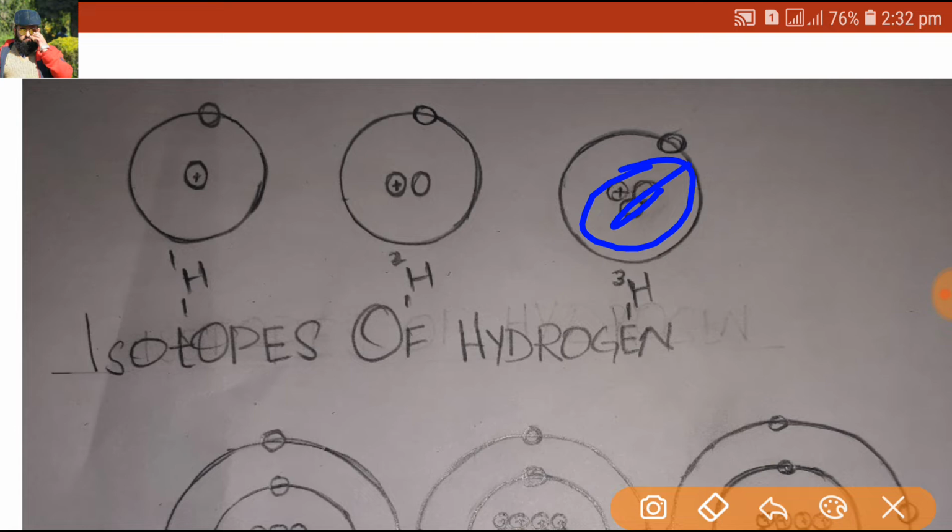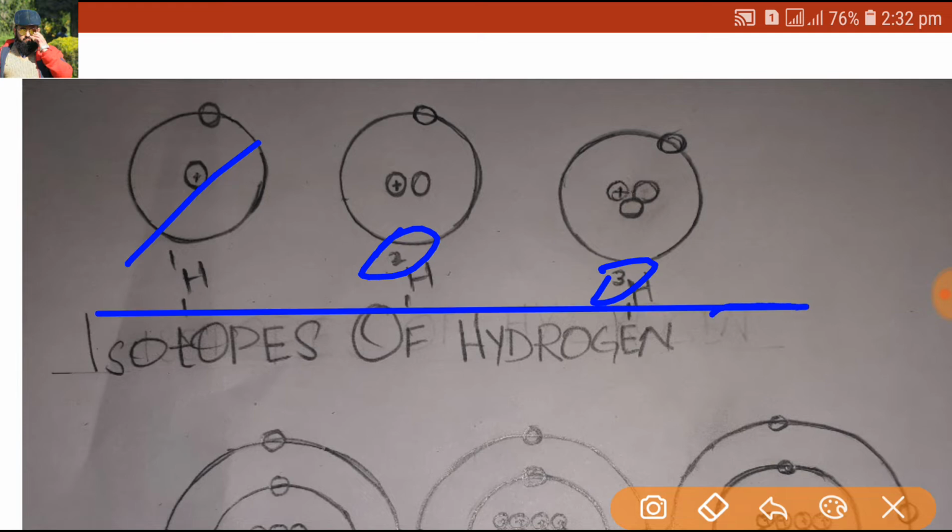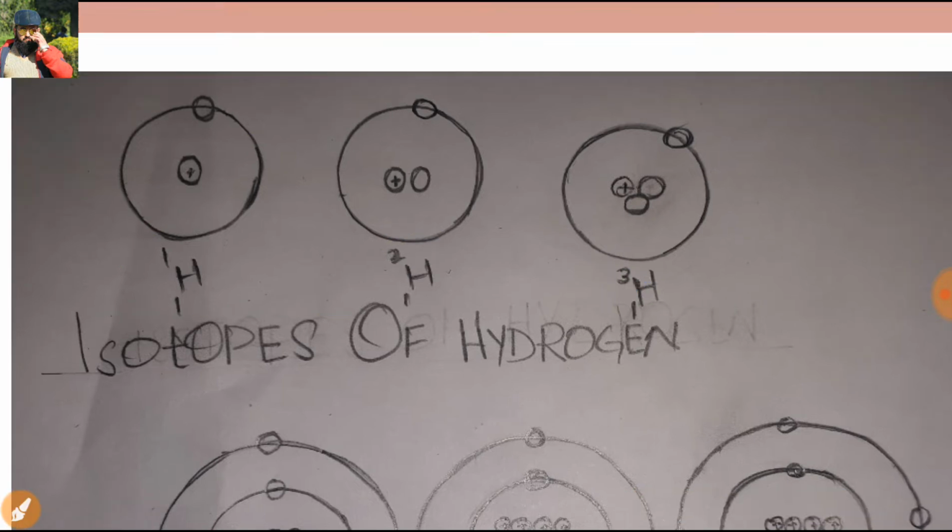So the atomic number or proton number of the three atoms is 1 each, but the mass number is different. Here the mass number is 1, here it is 2, here it is 3. So these are the three isotopes of the element hydrogen.